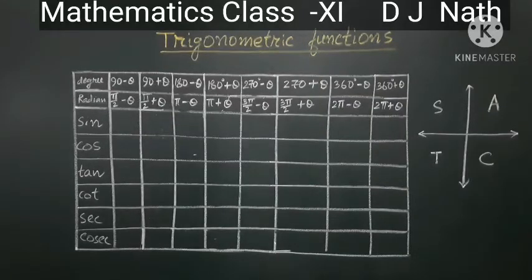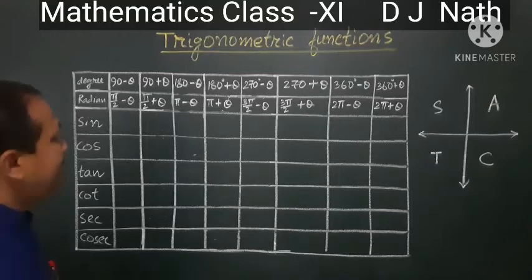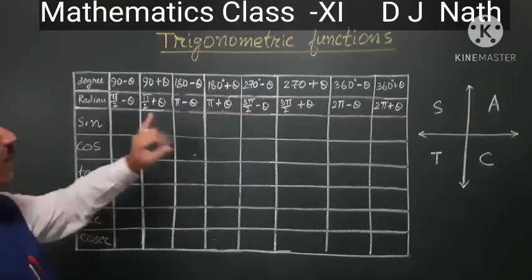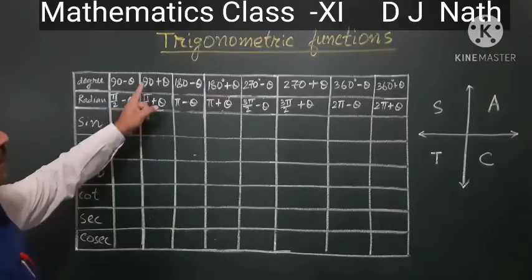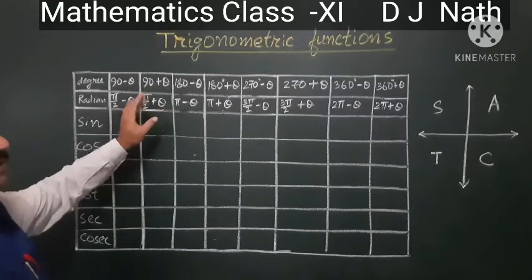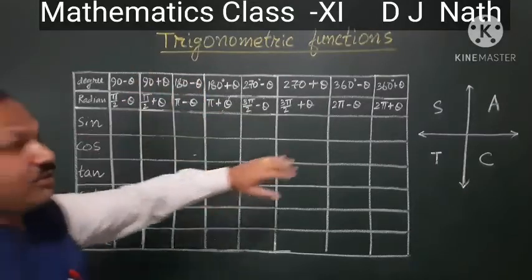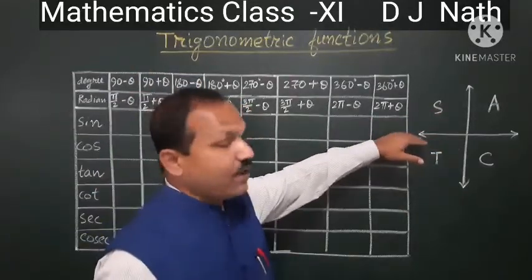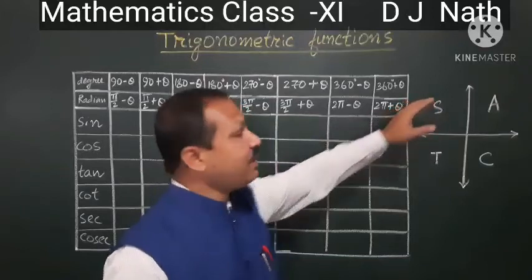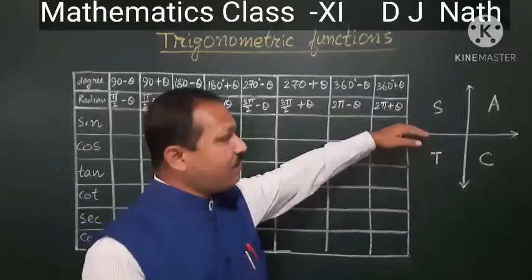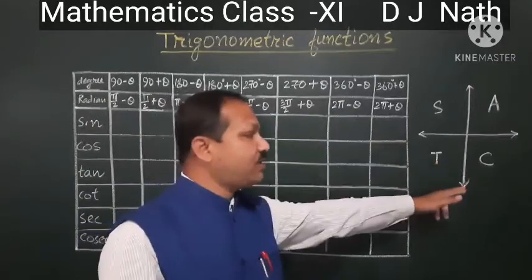So here I have made a table. Here 90 minus theta means first quadrant, or pi by 2 minus theta. 90 plus theta is the second quadrant. For the second quadrant, one more way can also be written: 180 minus theta. Then third quadrant, 180 plus theta or 270 minus theta.